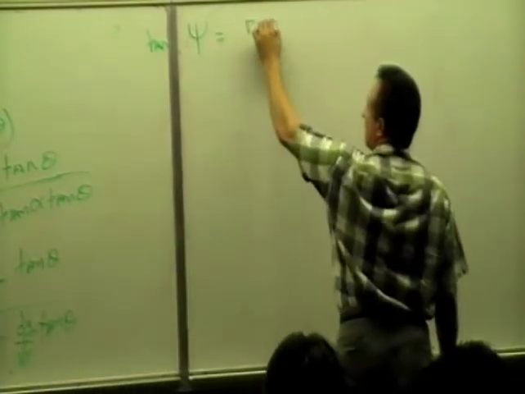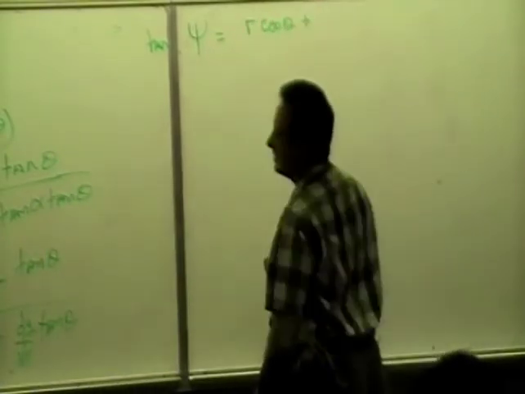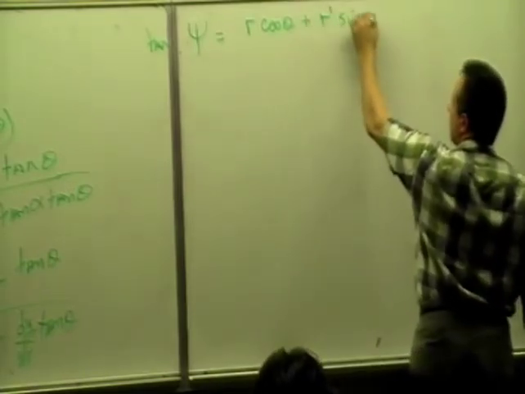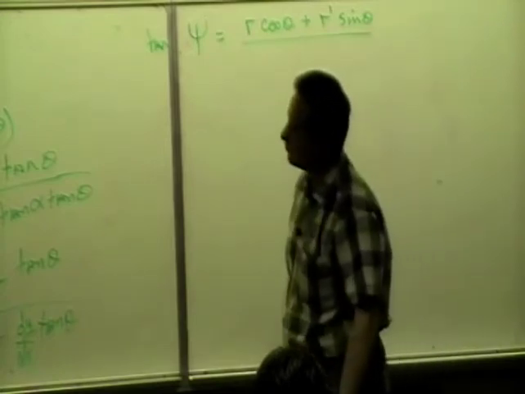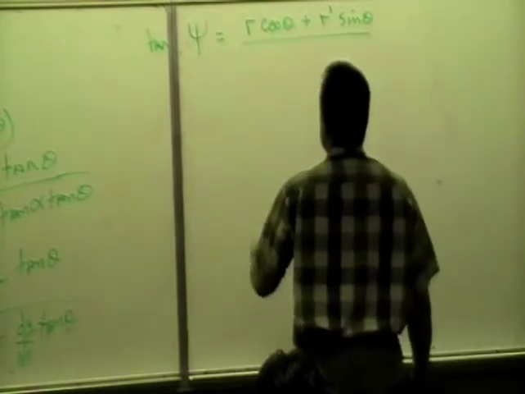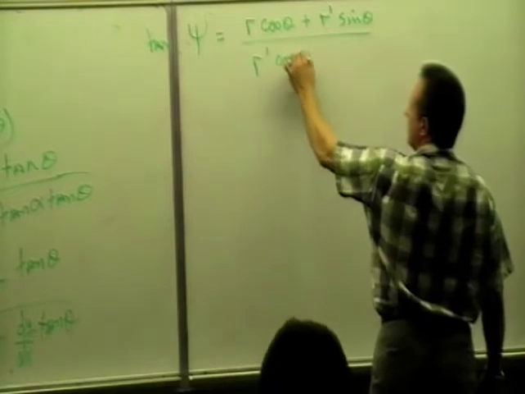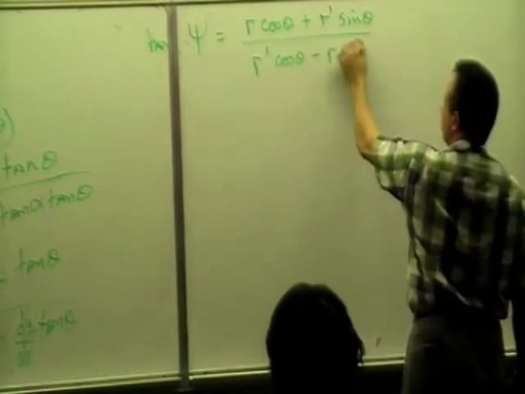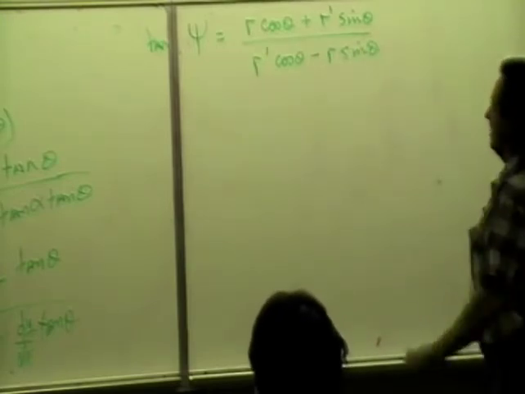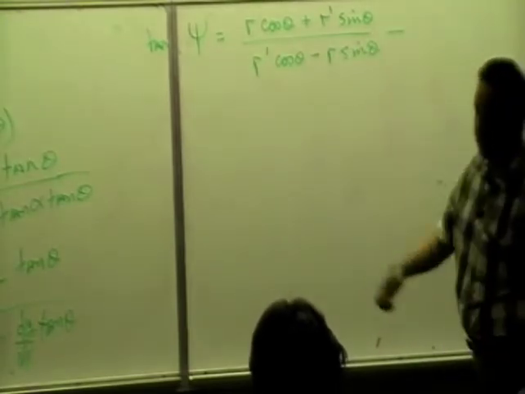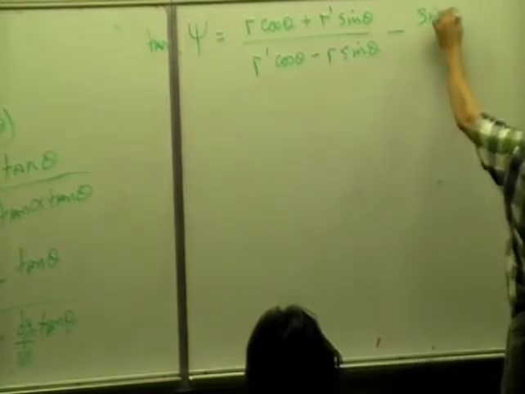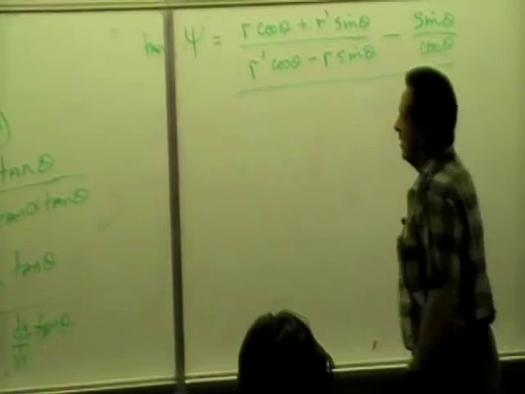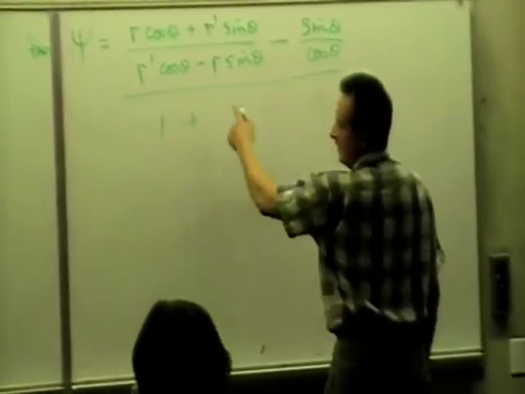You've got r cosine theta plus r prime sine theta over r prime cosine theta minus r sine theta, minus the tangent of theta, which I'm going to write as sine theta over cosine theta, all over 1 plus the derivative again.